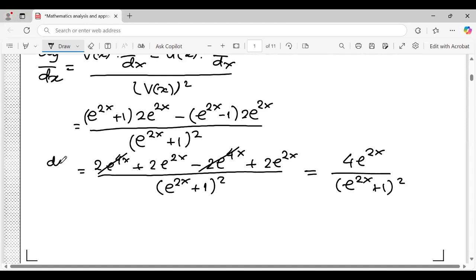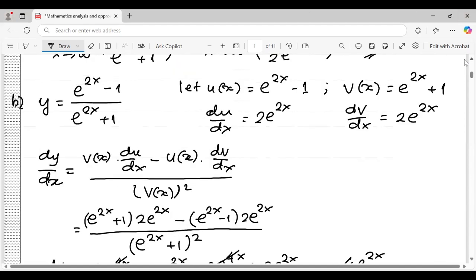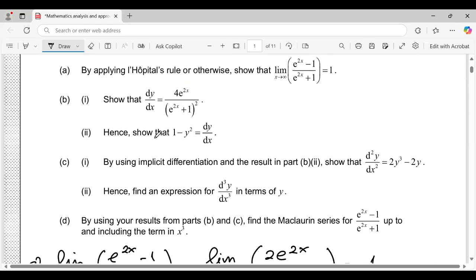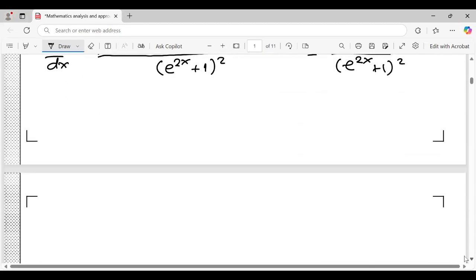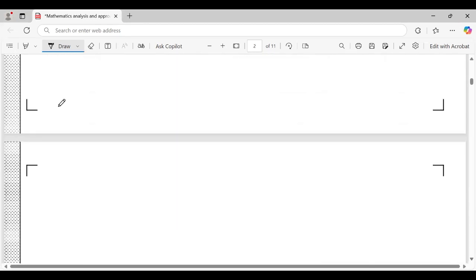This is dy/dx, or the first derivative. And the next question, part 2. Show that 1 minus y squared equals dy/dx. Part 2. Right.